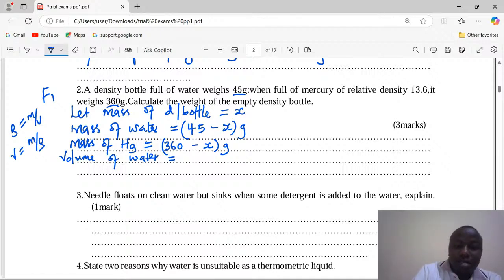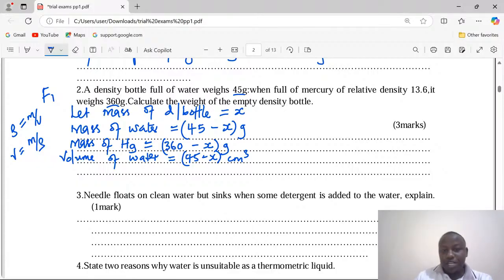Volume of water is going to be mass over density. Mass, which is equivalent to 45 minus x, divided by 1, and this will just become volume in cubic centimeters, because we have divided the value by the density, which is just 1.